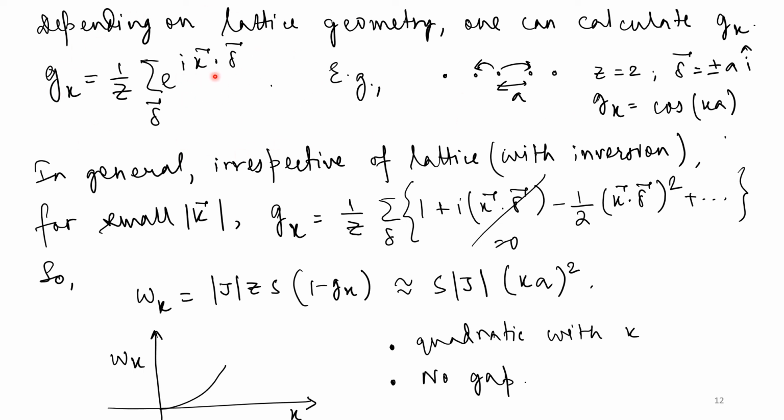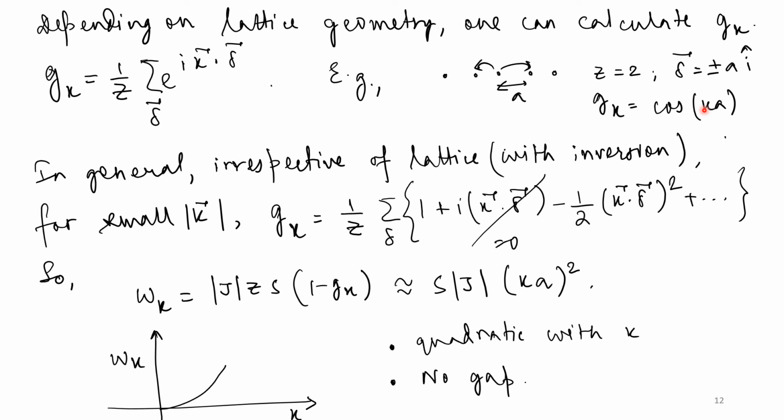You have to sum over nearest neighbors and you get a certain E_k, something like minus t times 1 minus cos k. And while doing tight binding, I had also mentioned the long wavelength limit, or the low energy limit, which means I go to the limit where k goes to 0.